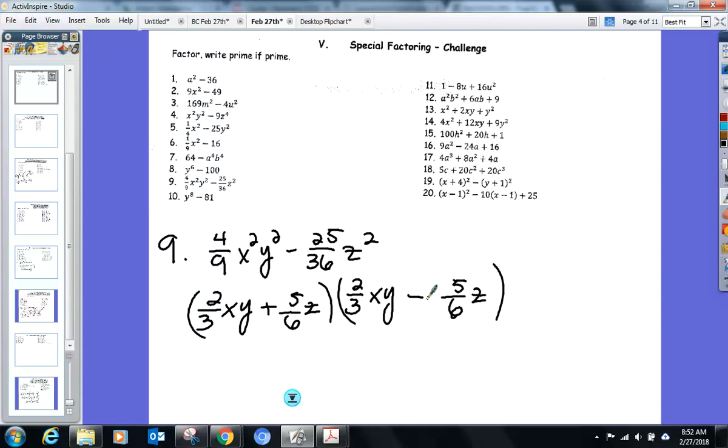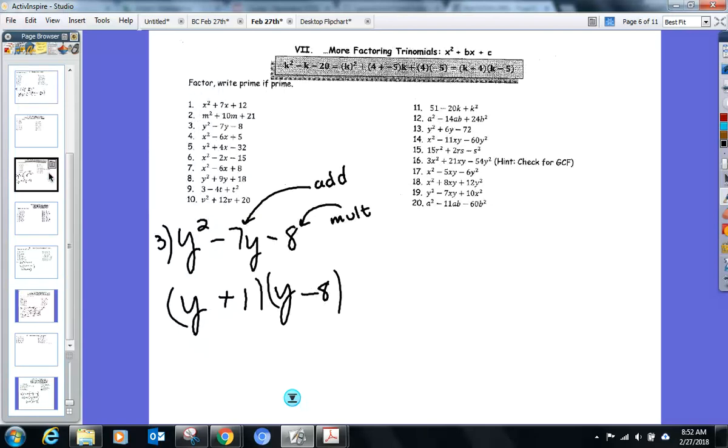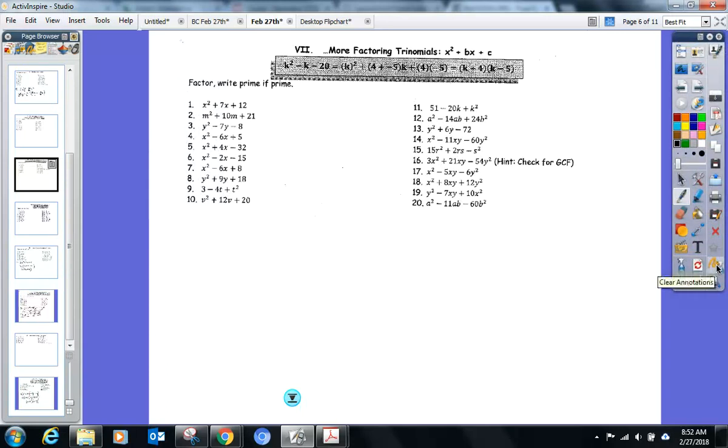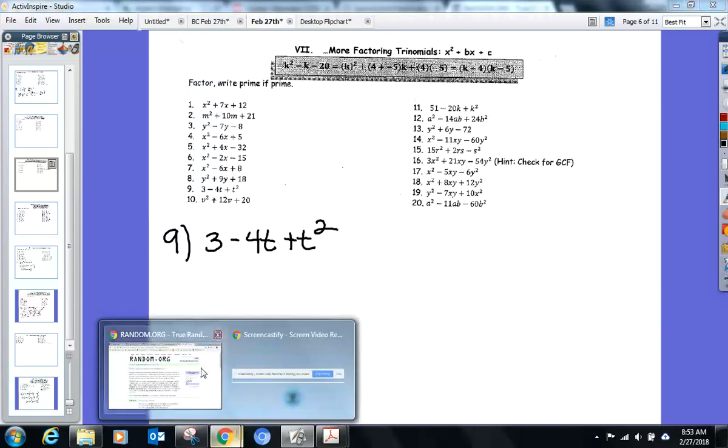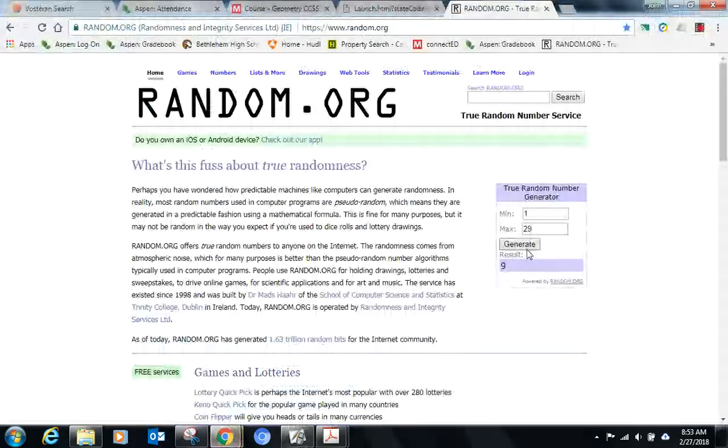Section 7, number 9. Who's up here? Who's got 9?